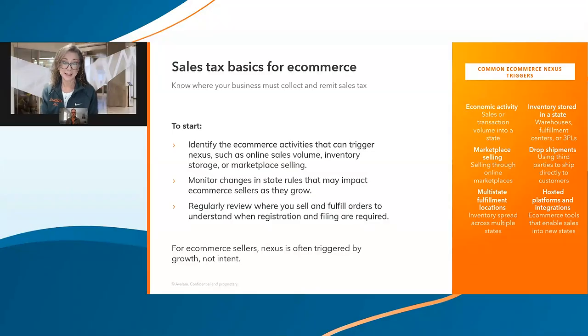So I think it's important that every single year, a couple times a year, you look at your business. Where do we have payroll? Because that payroll gives you a physical presence in a state, and you may have to register to begin collecting. Look at where you have warehouses. Maybe you have opened more warehouses, because that gives you that presence.